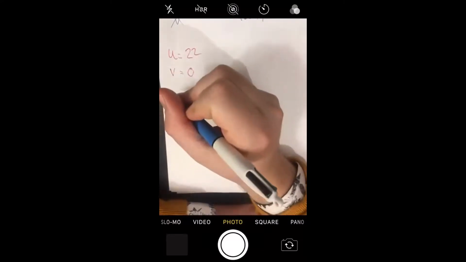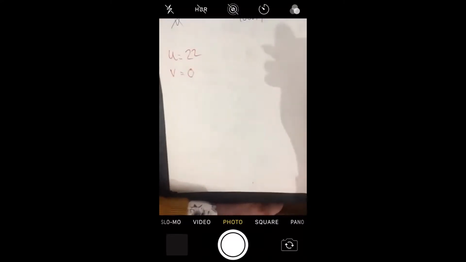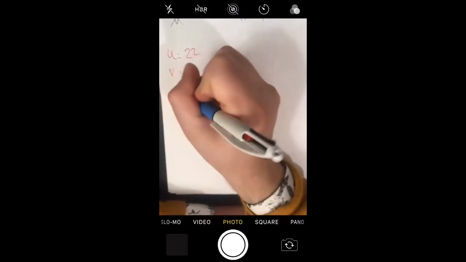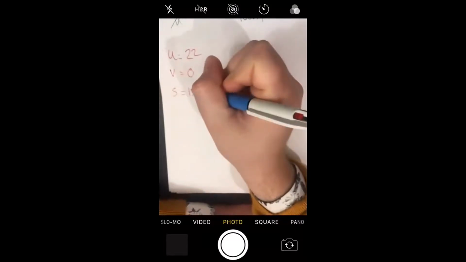And it did so in 18 meters. Okay, what does that mean? It took 18 meters to come to a stop. What does that actually mean? Distance traveled. Yeah, the distance traveled is 18. s equals 18.